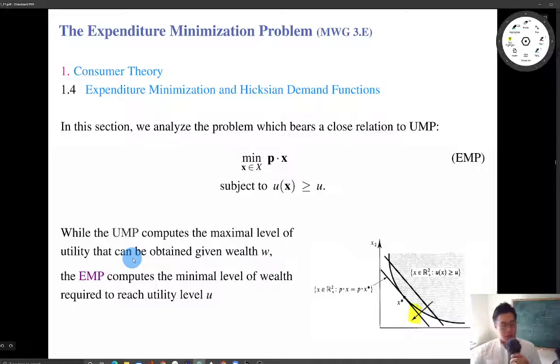In this sense, the EMP is often referred to as the dual problem of the UMP. I wrote down the basic difference between these two.